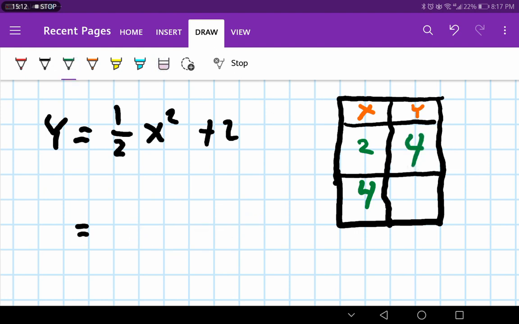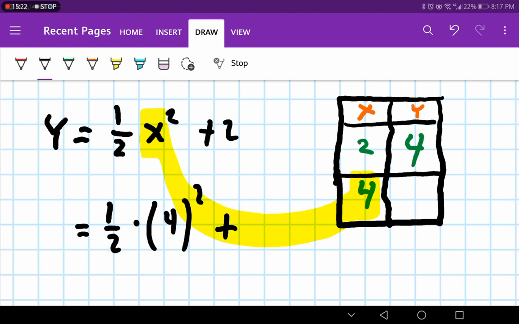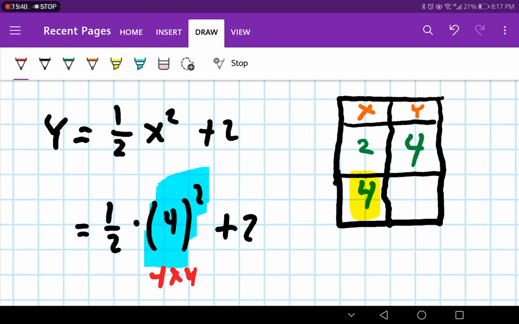We are done. Now for 4, I put it instead of x, so it will be 1 over 2 multiplied by 4 squared plus 2. I just replace the x by the 4. Now don't say 4 multiplied by 2 here, I will kill myself. It is 4 by 4, not 4 by 2.